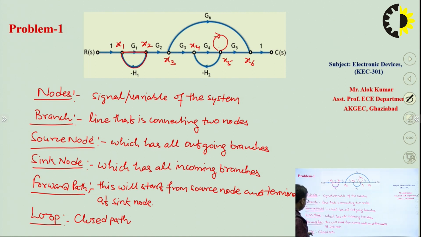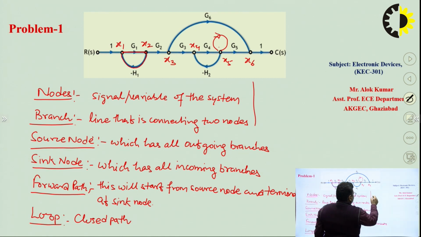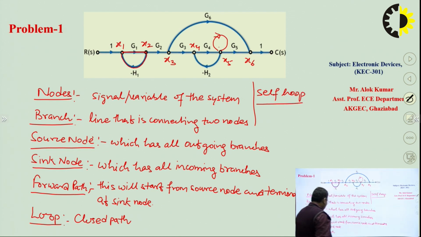So a self loop is also a closed path, but it covers only one node.